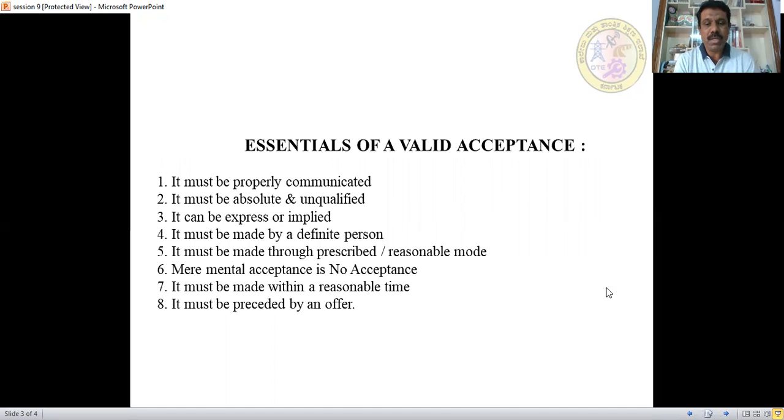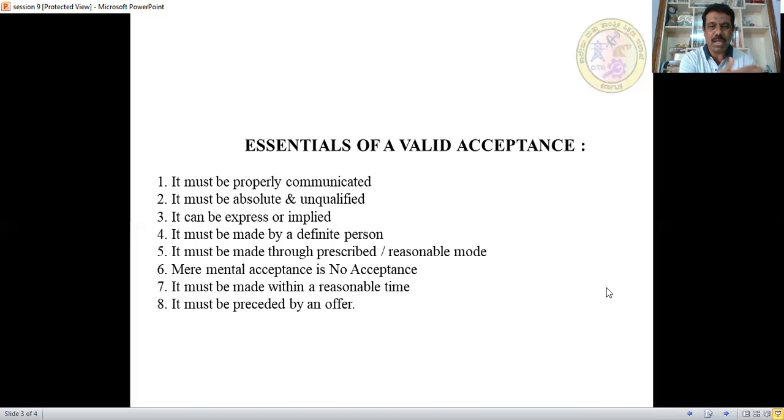It must be properly communicated. It is very essential that there should be proper communication between the proposer and the acceptor. The proposer must communicate his proposal, his offer, properly to the other person.